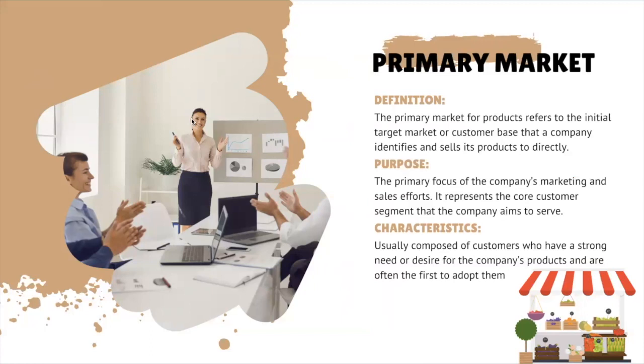And once again, the primary market represents the core customer segment that the company is aiming to serve. Some common characteristics of the primary market are that they're usually composed of customers who have a strong need for a certain product. And because they have such a strong need, they'll usually be more likely to buy the product.